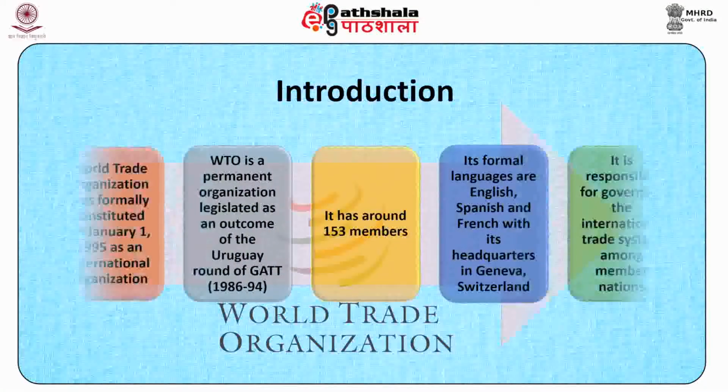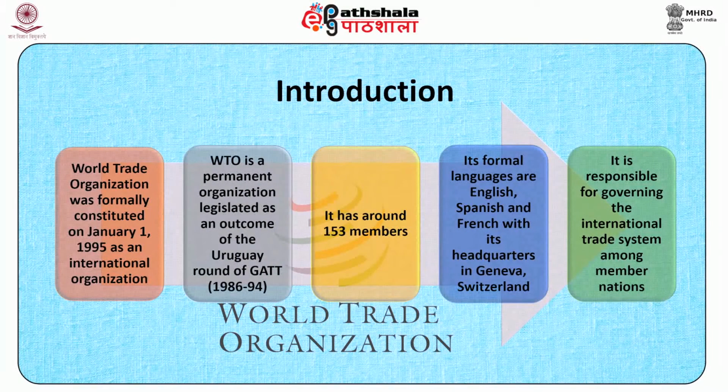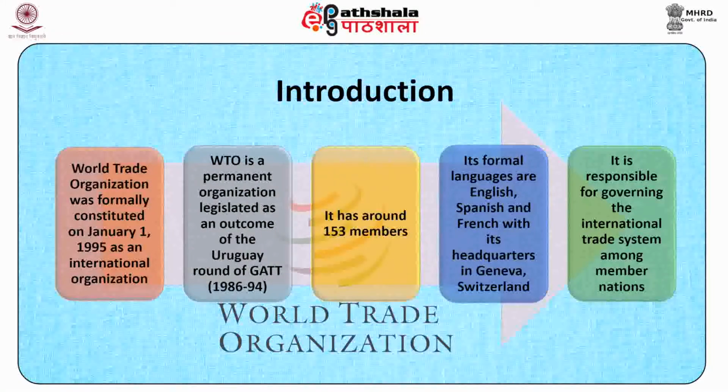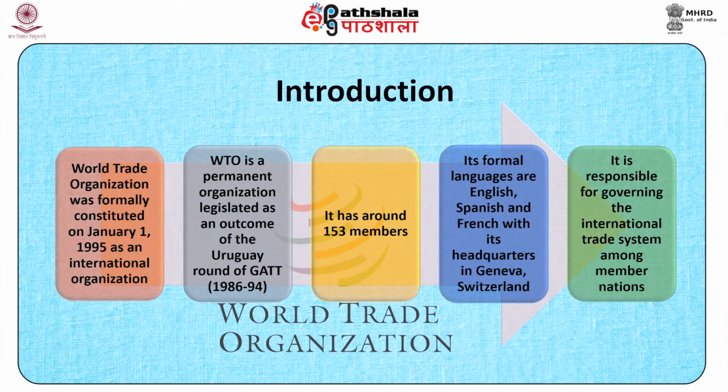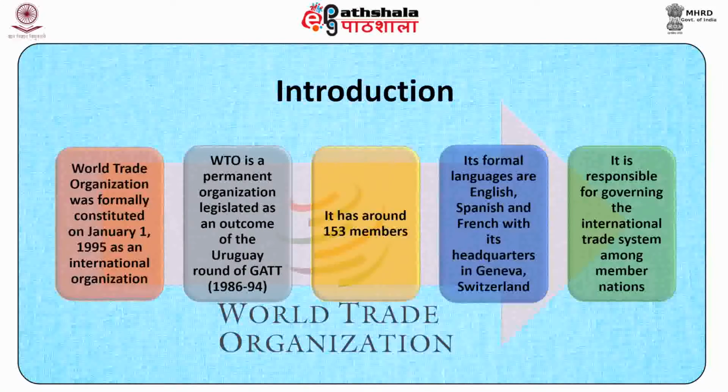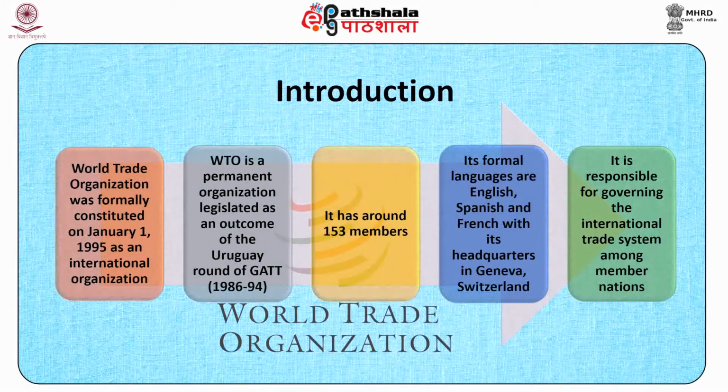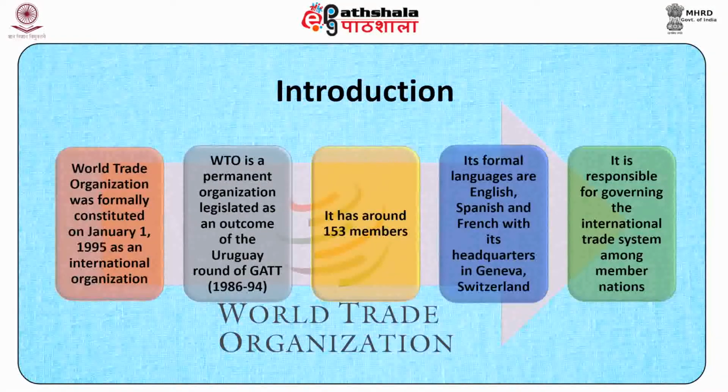Introduction. The World Trade Organization was formally constituted on January 1, 1995 as an international organization. It made a successful transition from the negotiation approach of GATT, which was simply an informal device to handle international trade since 1948.